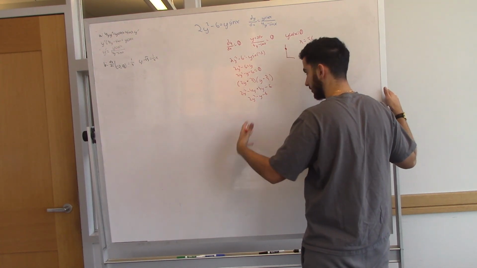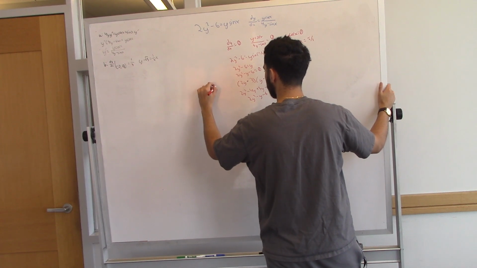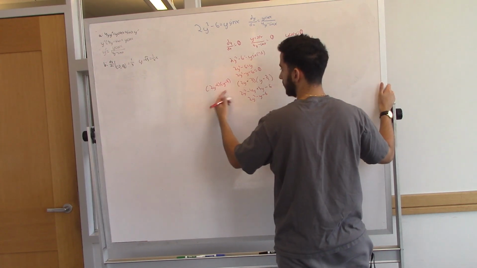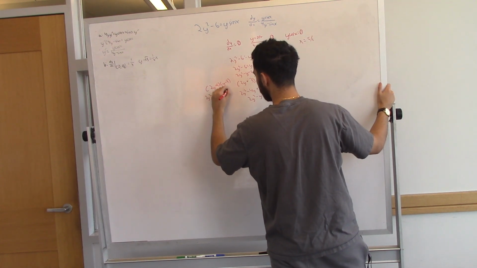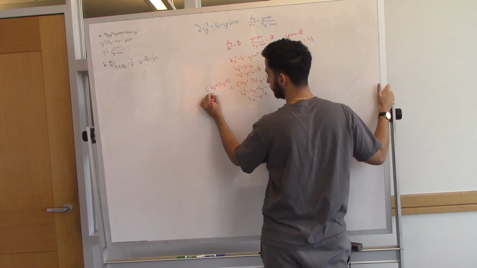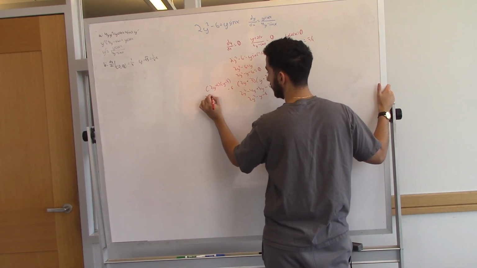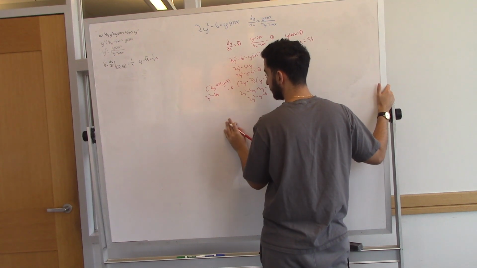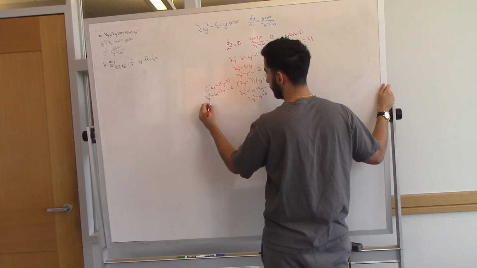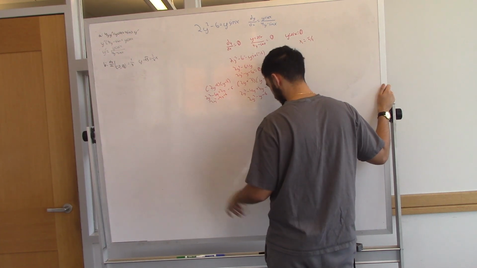Let me prove that the other one's wrong by multiplying it out. Alright, well we know the outer terms are going to be the same, right? 2 times negative 2y times negative 3 is negative 6y. And then you get 2 times y, you're going to get 2y. 2y squared minus 4y minus 6, that's not what we want.